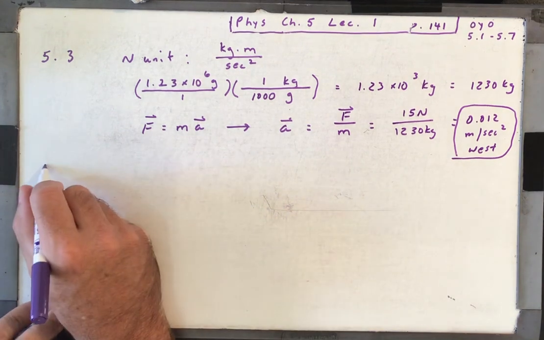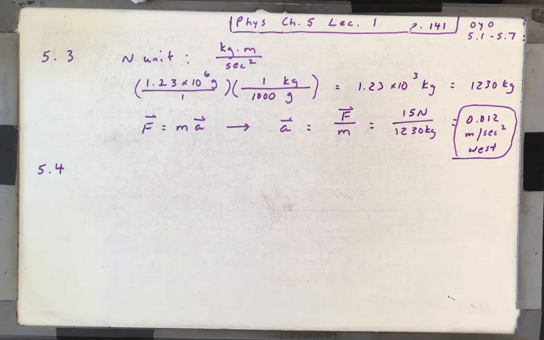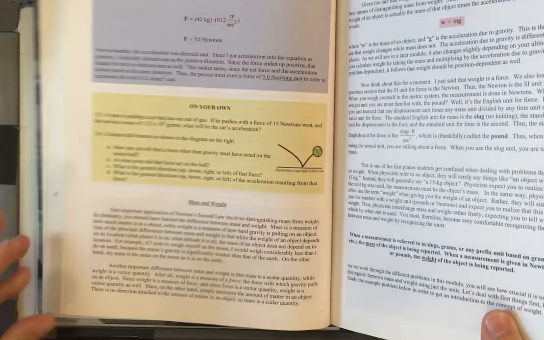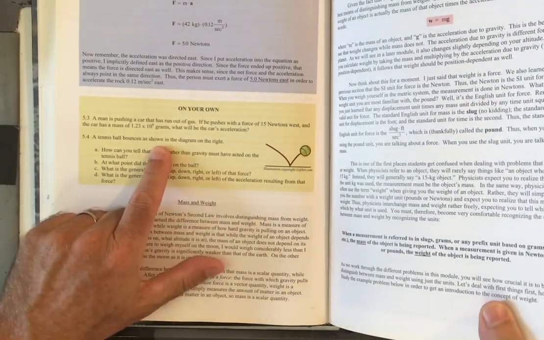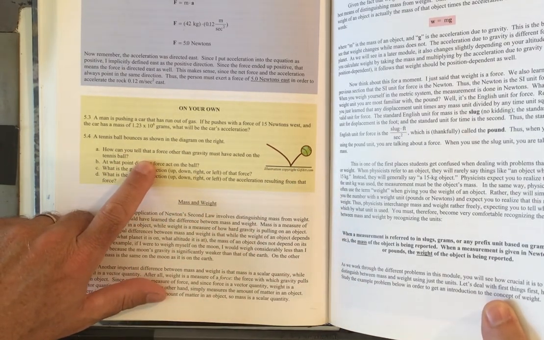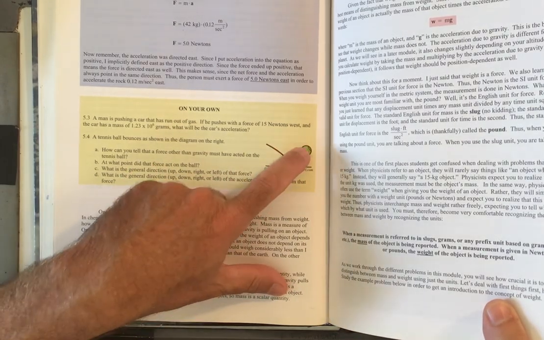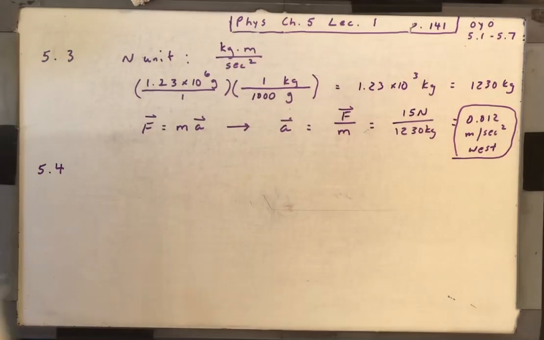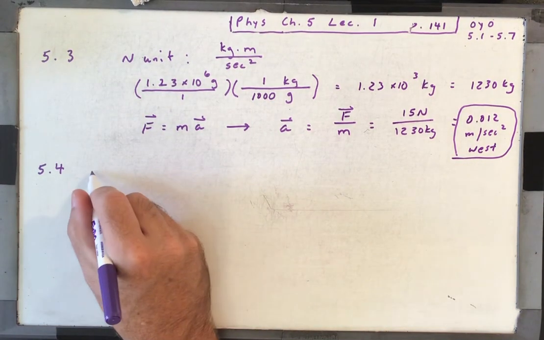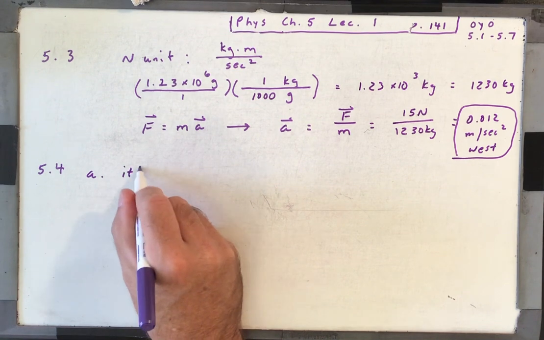All right, 5.4. Let's read through this, not a math problem. It says a tennis ball bounces as shown in the diagram on the right. How can you tell that a force other than gravity must have acted on the tennis ball? Well, it's not moving down, is it? The ball is moving up, so gravity just causes things to move down. So part A would be it's moving up.